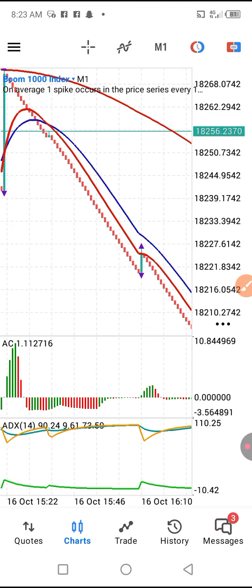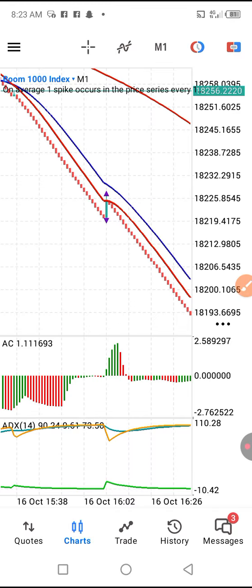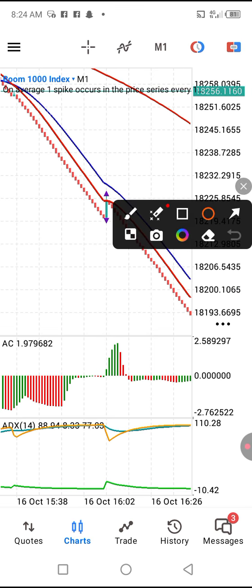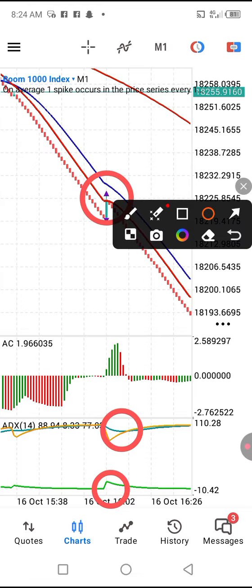This place now, it is selling here, you know. So guys, it spiked up here. And here our ADX orange is going up and our green is going down. Then the next thing you have to wait is your accelerator to go below the zero level.